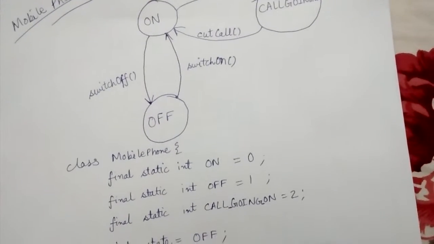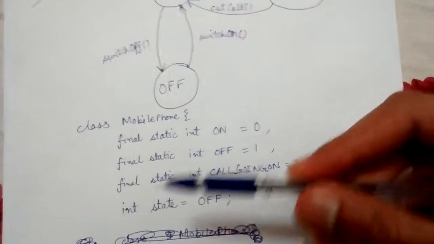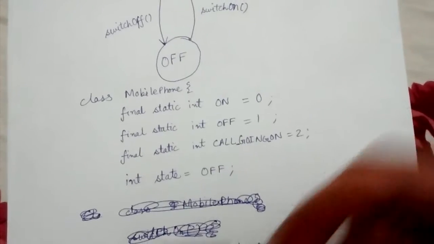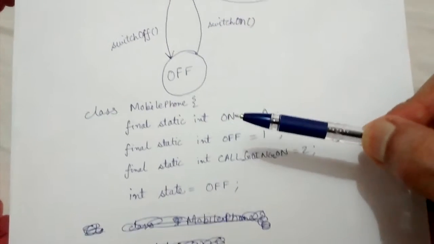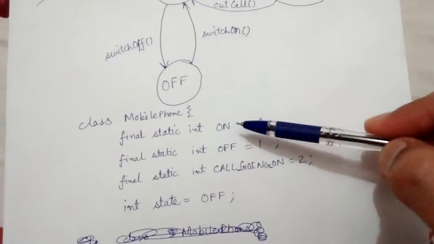So let's try to represent each of these states. We will like to have a class called class mobile phone with three final static integer variables.